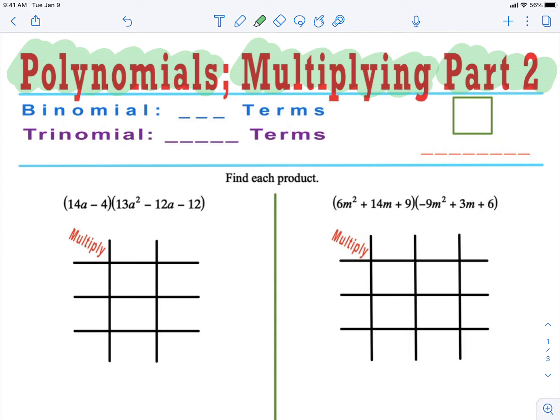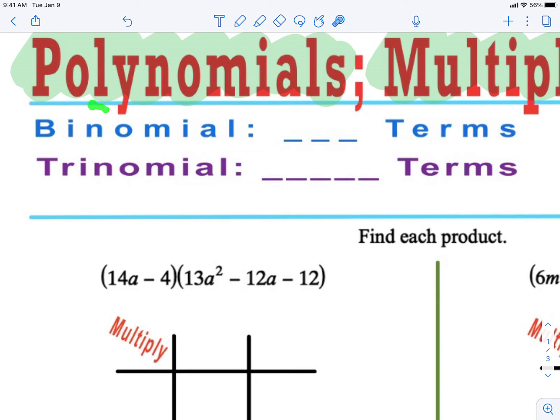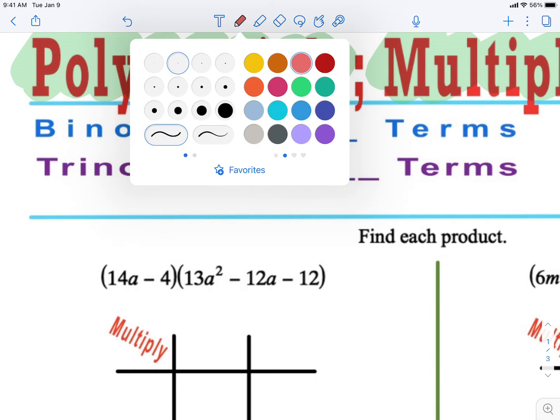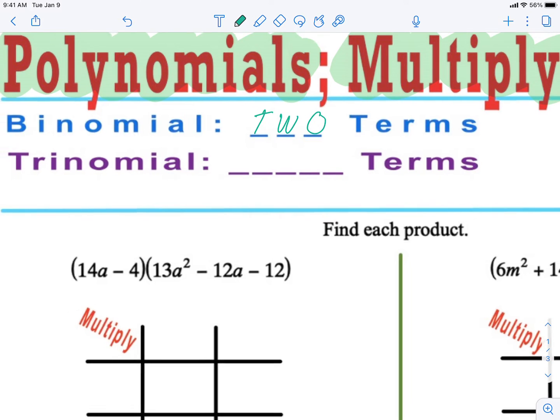We did part 1 last time. This time we're going to do part 2, sort of to take the next step. The first thing we noticed here is we're going to talk about binomials. We remember from last time's lesson that binomial means two terms. When we have a parentheses with two terms, that's a binomial.